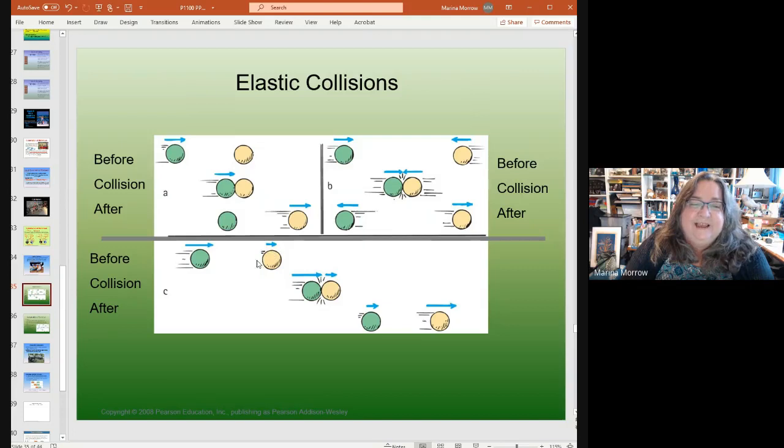It overtakes the yellow ball, which was moving slowly. They collide. The green ball now has less momentum. The yellow ball has more. In these cases, it's like they transferred their momentum totally to the other ball, which can happen when the masses are equal, so you can just transfer the momentum.